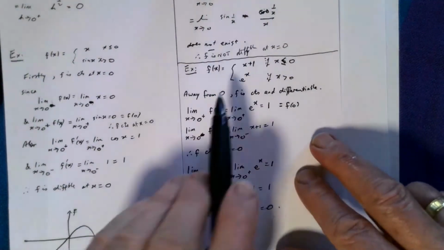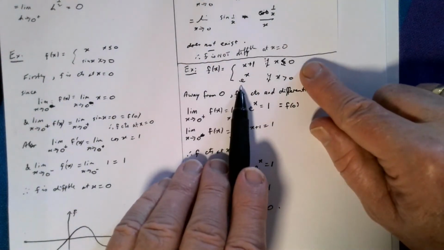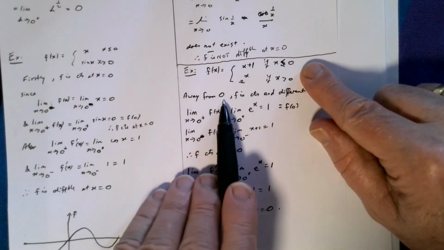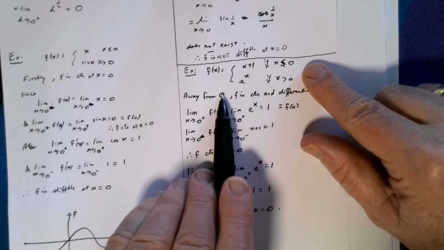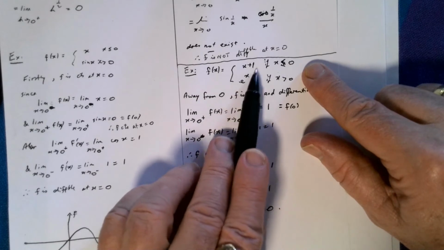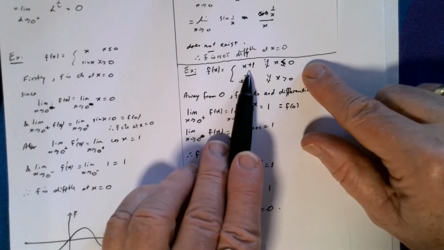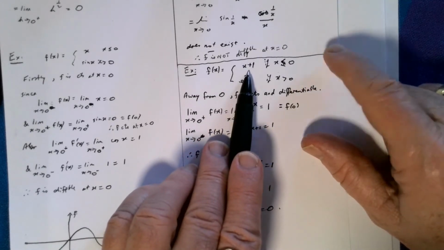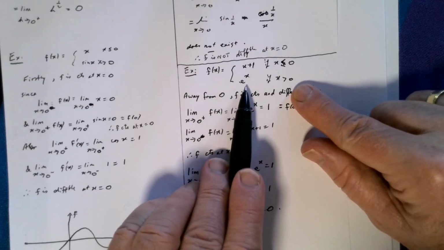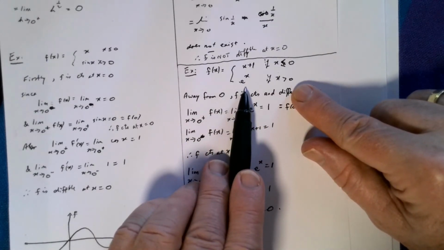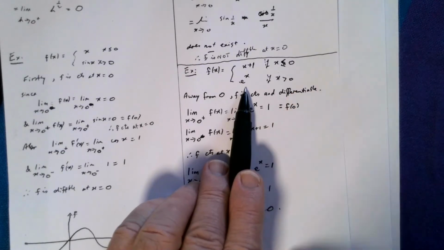Here's the question again. There's the function. Now, away from 0, all is well, because away from 0 you've either got the function as x plus 1, which we know is continuous and differentiable everywhere. If you're on the other side, if x is positive, then you've got e to the x, which is continuous and differentiable everywhere.